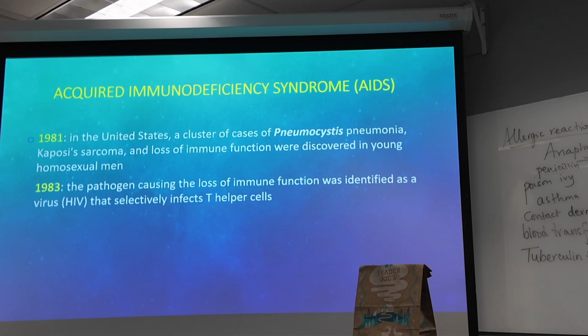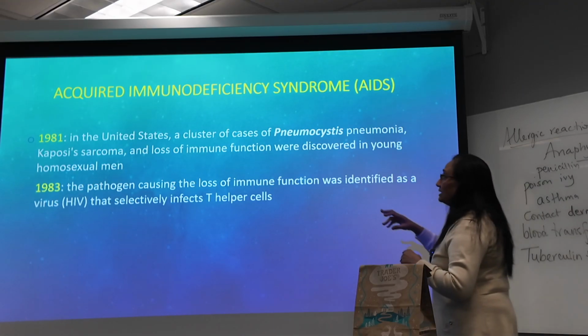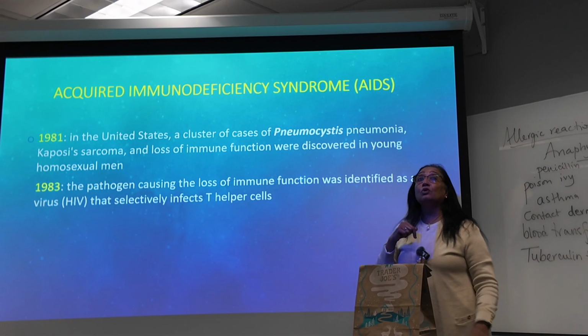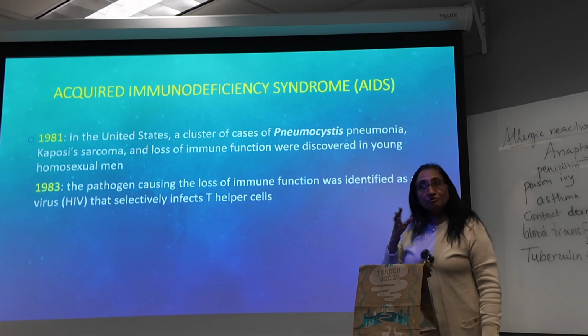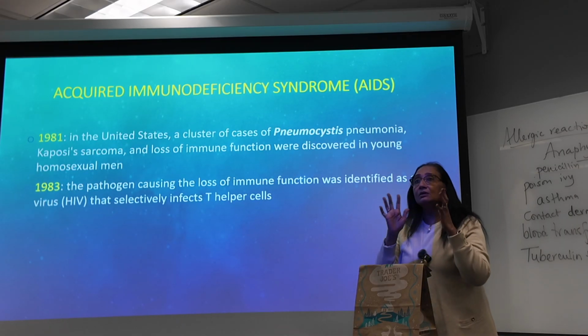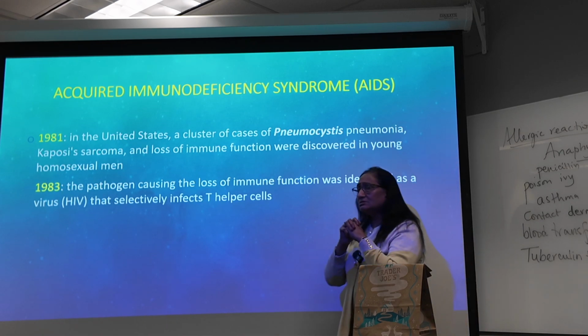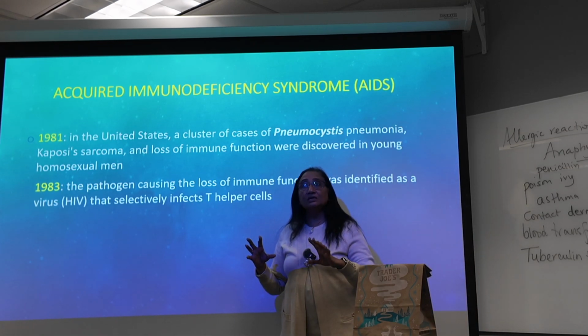So again, it was recognized in the US in the early 1980s when there was a cluster of patients who died because of a fungal pneumonia. Remember, I told you fungal infections of internal body organs are very rare, unless you are severely immunocompromised.